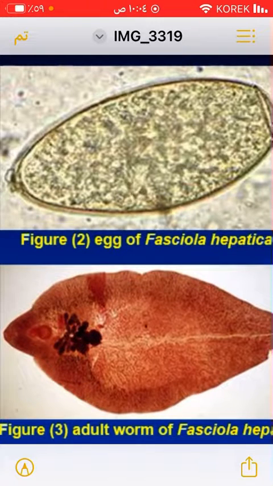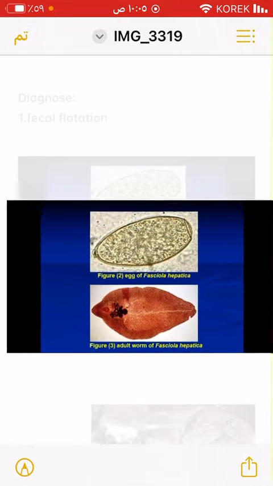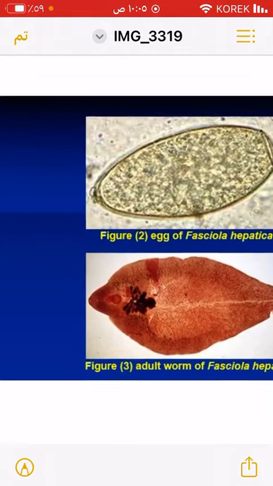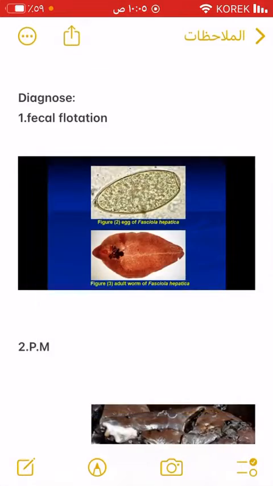Even in veterinary use, we don't do expensive tests like PCR and other serological tests in our country, so we just do simple tests such as microscopical examination for Fasciola hepatica. This is the microscopical examination. Figure 2 shows an egg of Fasciola hepatica, and figure 3 shows the adult form.